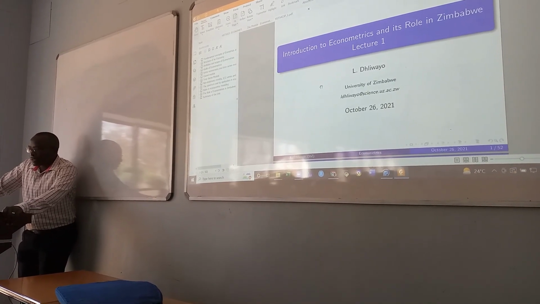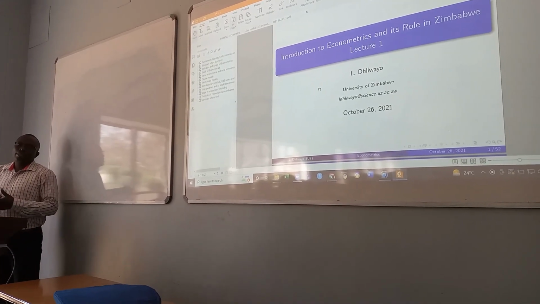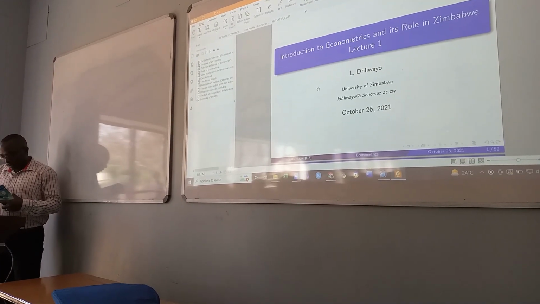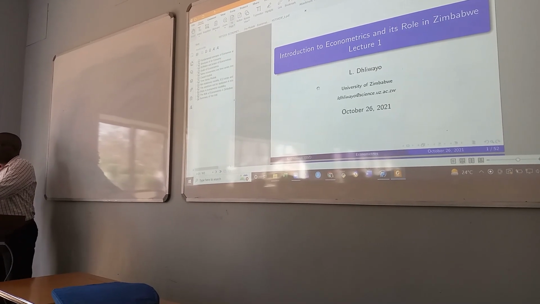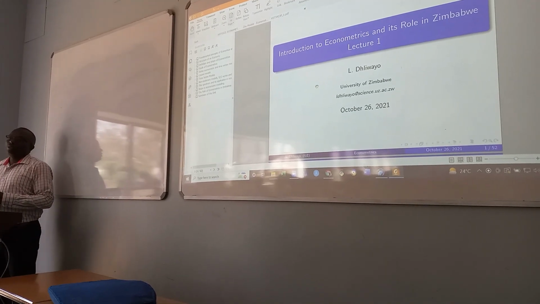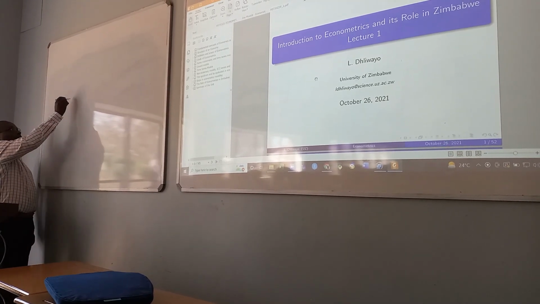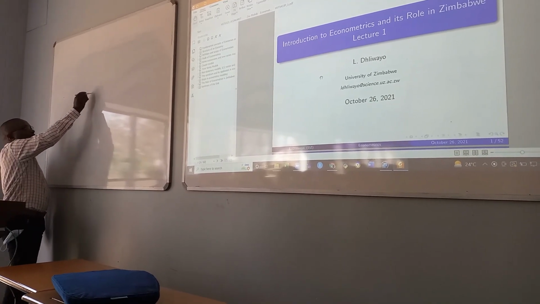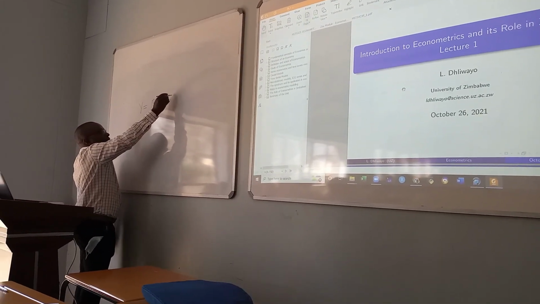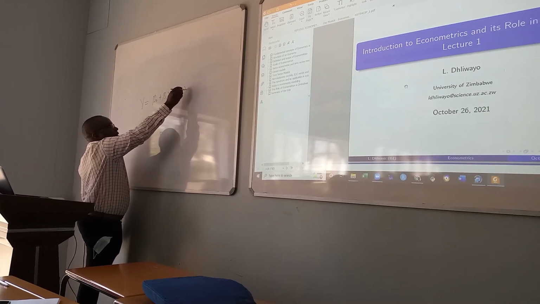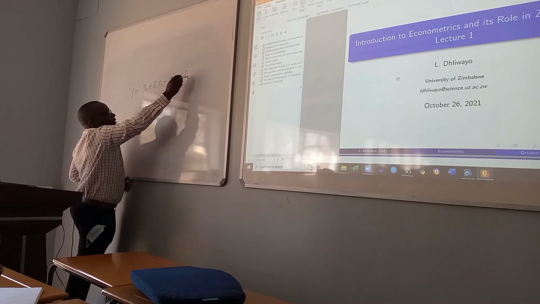Most of the sections, if I can just summarize, have to do with how to deal with the assumptions of the GLM, general linear models. When you have a linear model, how do we deal with each and every assumption? Let's say we have a model y is equal to beta naught plus beta 1 x1 plus beta 2 x2 plus the error term, epsilon t.